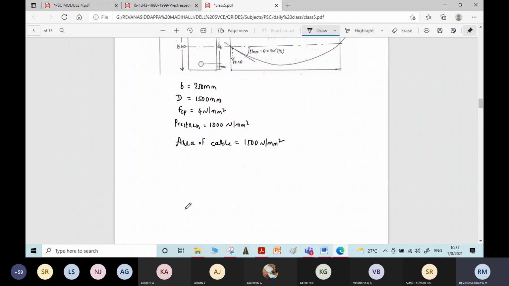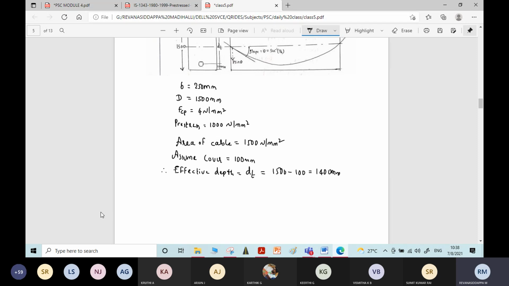Now, assuming cover of 100 mm, effective depth dt is equal to overall depth 1500 minus 100, 1400 mm.